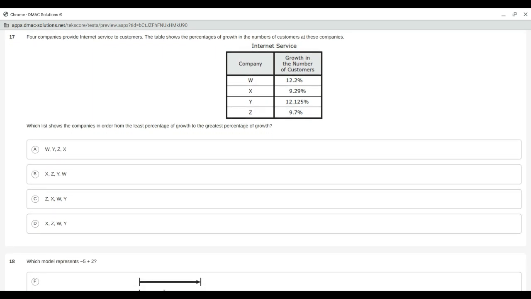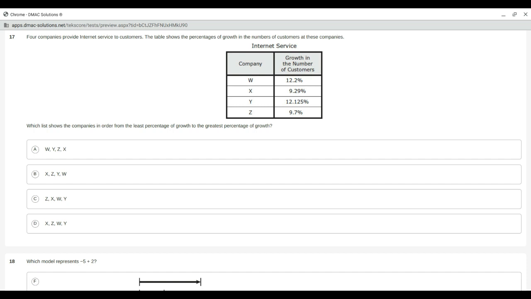Number 17. 4 companies provide internet service to customers. The table shows the percentage of growth in the number of customers at these companies. W, 12.2%. X, 9.29%. Y, 12.125%. Z, 9.75%.